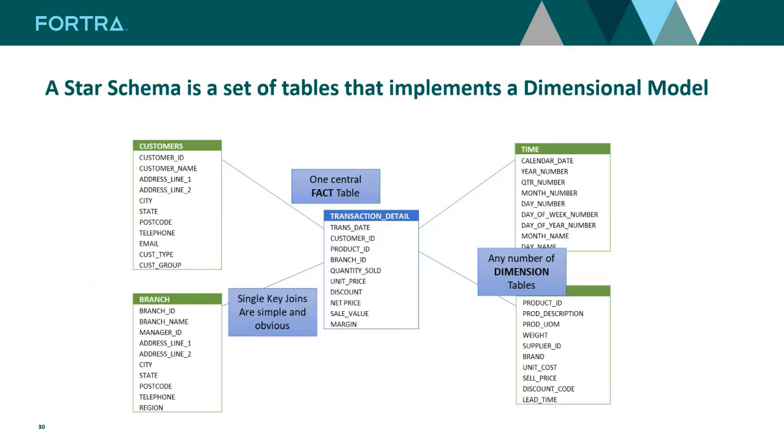And one important design criteria of this is that we always use single key joins to join the tables together. This design makes it very easy to create an SQL statement that joins the tables and possibly aggregate data using any of the attribute values such as brand, customer type, year, and month.